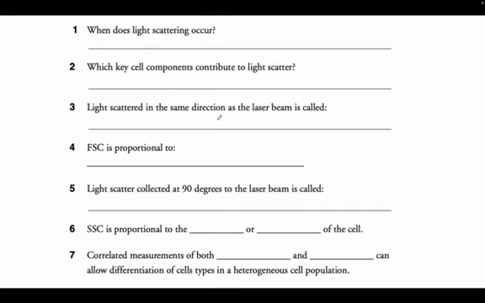Light scattered in the same direction as the laser beam is called forward scatter, or FSC. FSC is proportional to the size of the cell. Light scattered at 90 degrees to the laser beam is called side scattering or SSC. SSC is proportional to the granularity of the cell. Okay.